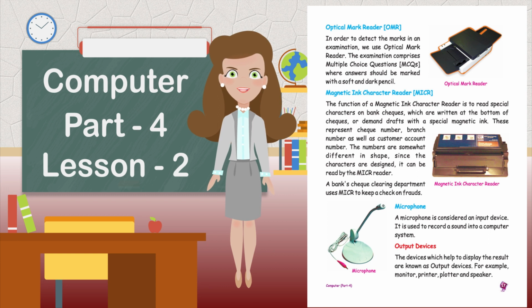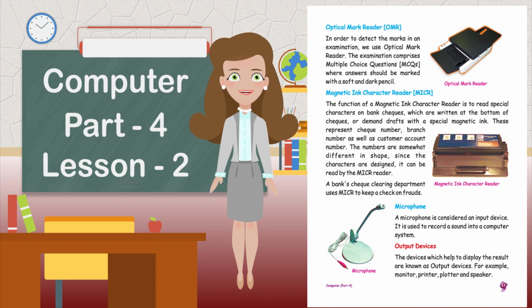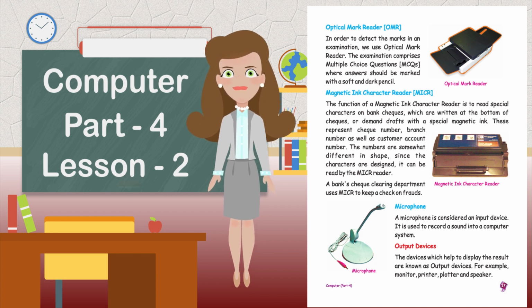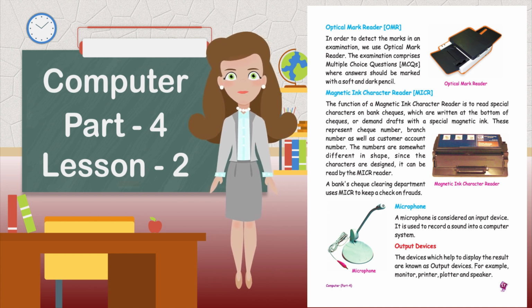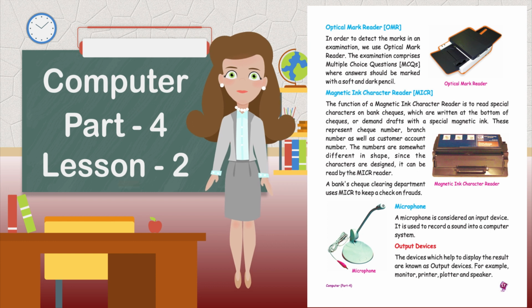Magnetic ink character reader (MICR). The function of a magnetic ink character reader is to read special characters on bank checks, which are written at the bottom of checks or demand drafts with a special magnetic ink.